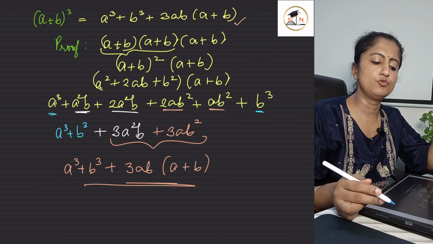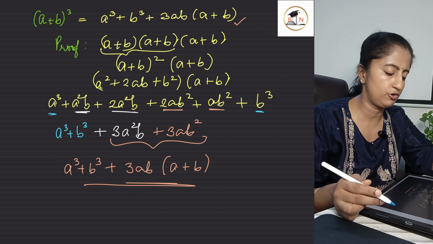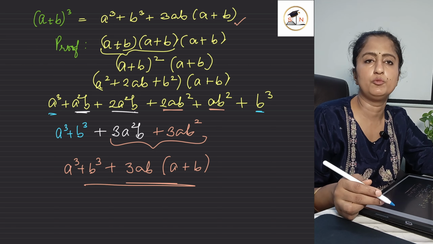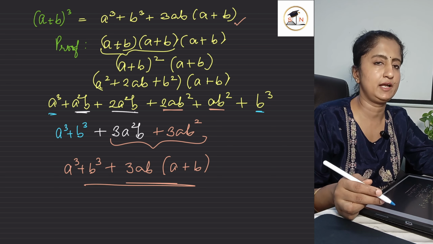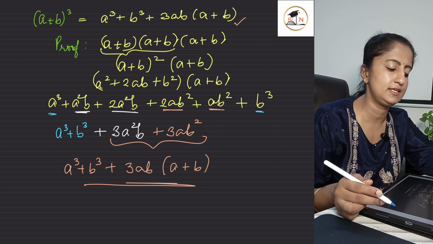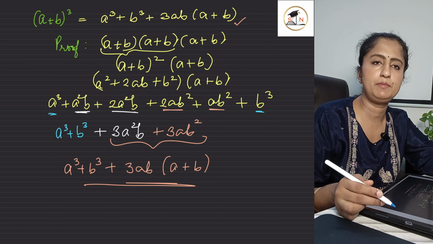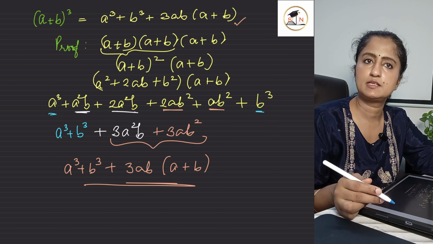So this is the proof, and there are so many steps involved in deriving (a plus b) whole cube, which we don't need to do every time. In order to avoid wastage of your time, you should just learn the expansion, which is a cube plus b cube plus 3ab times (a plus b).